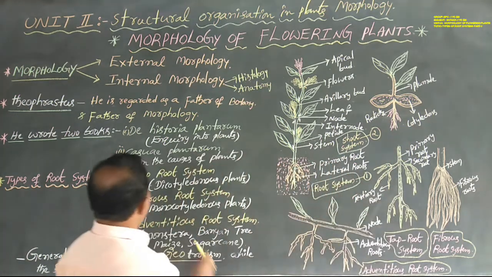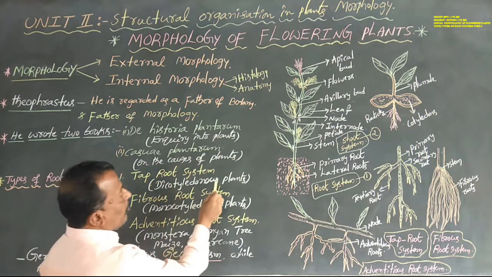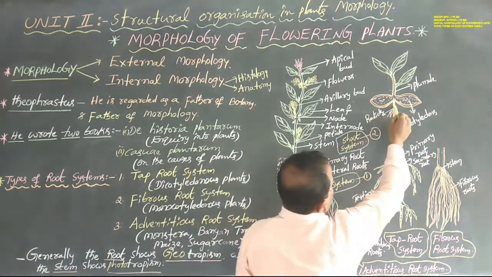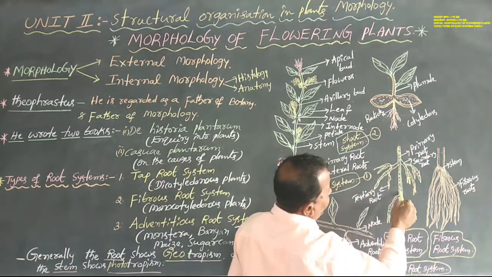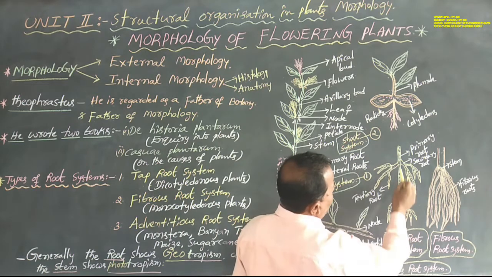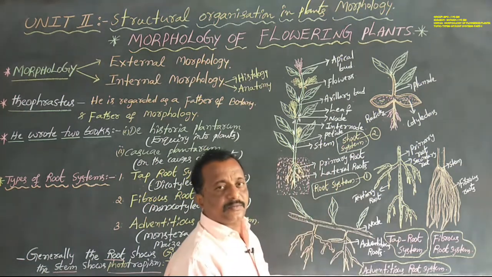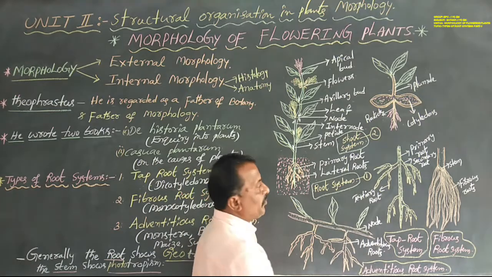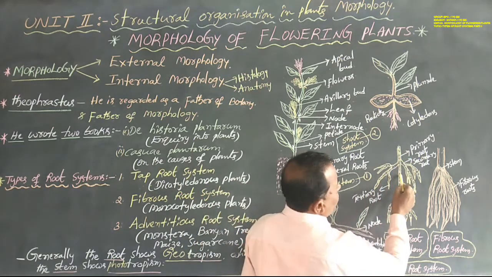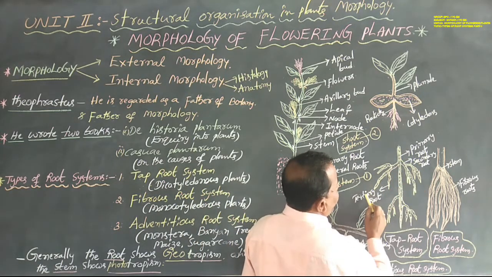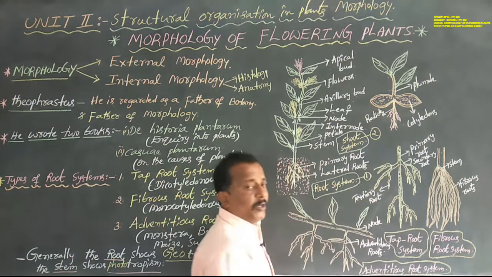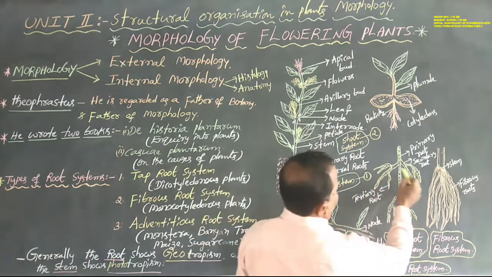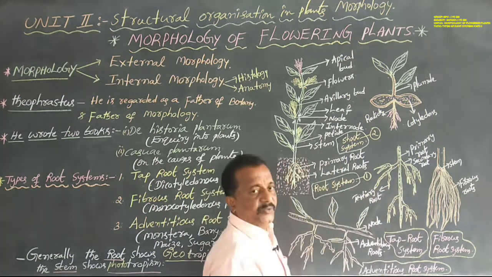So in general, in the majority of dicotyledons, the radicle leads to the formation of primary root, which grows into the soil. Then lateral roots, that is secondary roots and tertiary roots, are developed in several orders.